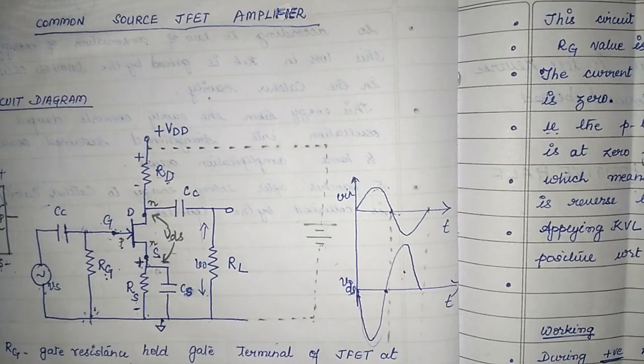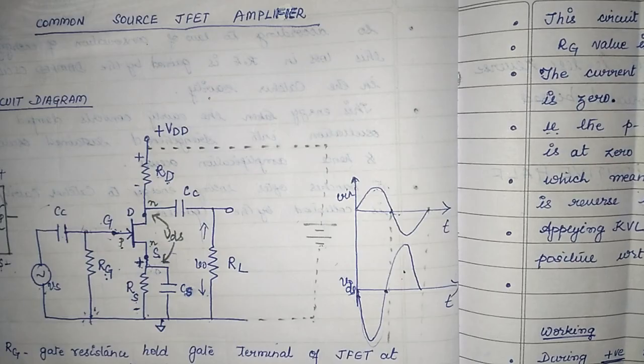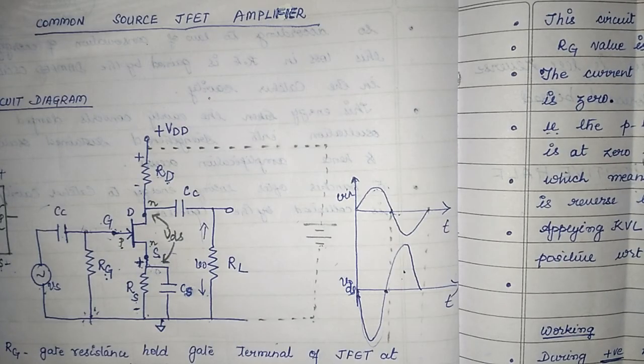So in a CE amplifier you must have found the gain to be somewhere around 120 to 140, isn't it? So the gain of a common source JFET amplifier is less when compared to a CE amplifier, but then the CE amplifier has a low input impedance and a high output impedance, but a JFET amplifier will have a high input impedance and a low output impedance, and also a lower voltage gain.